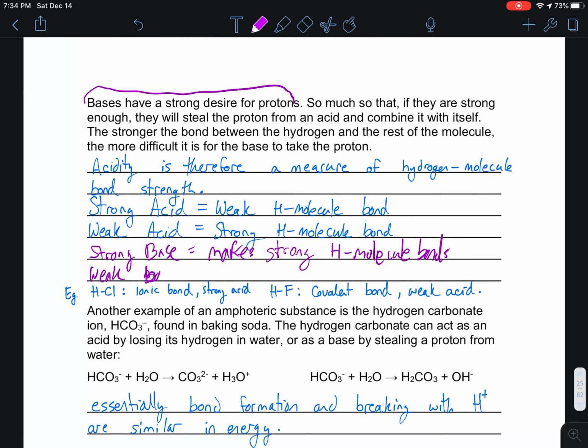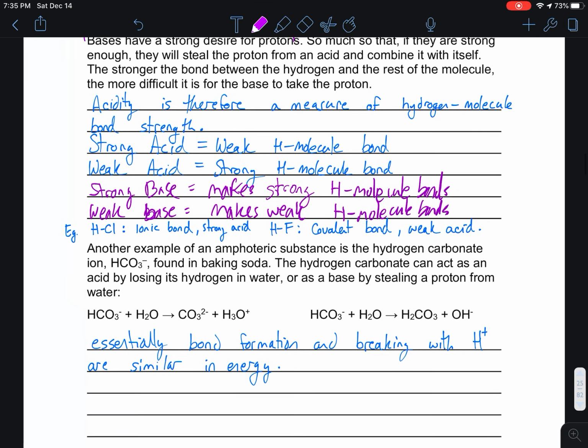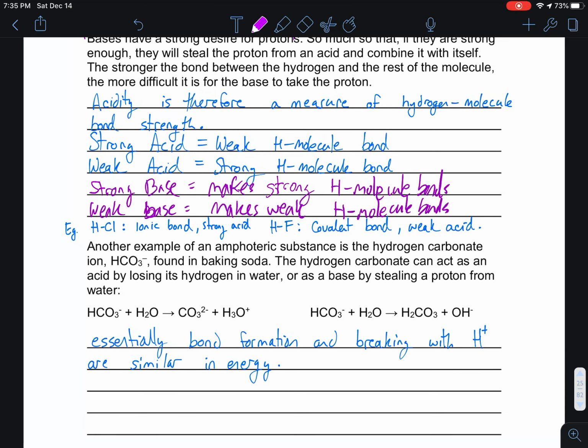And a weak base makes weak bonds. And that, of course, follows with our idea that once an acid has lost its hydrogen, it becomes a base with the opposite strength. So a strong acid that loses a hydrogen becomes a weak base. A weak acid that loses a hydrogen becomes a strong base.